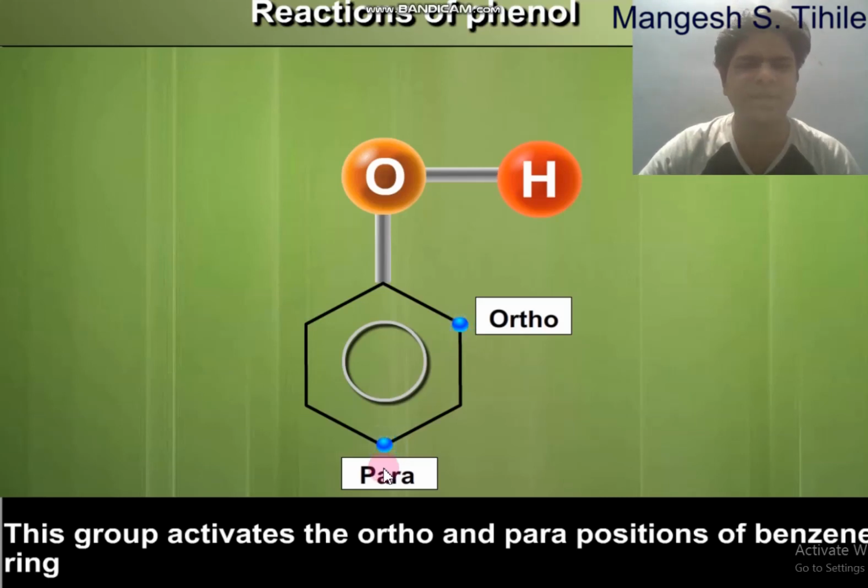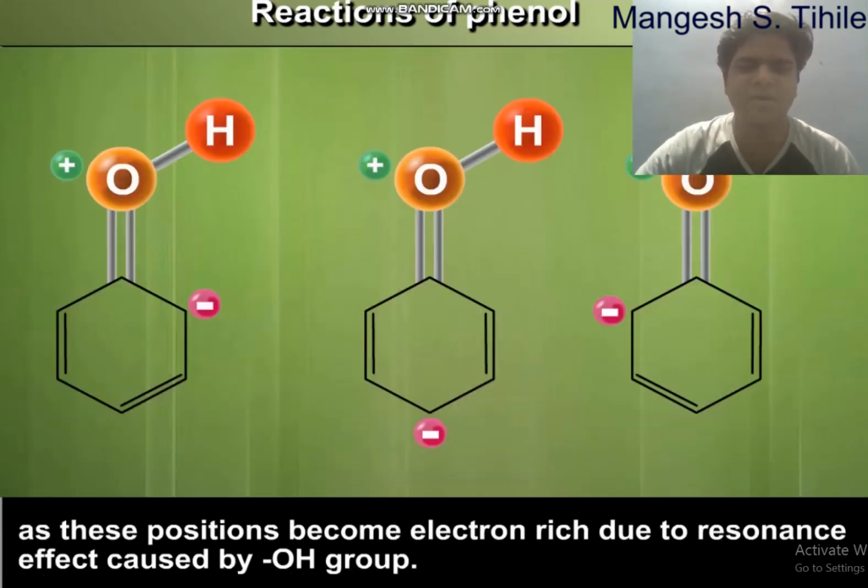Friedel-Crafts alkylation and Friedel-Crafts acylation reactions do not occur on the benzene ring of phenol, because the AlCl3 reacts with the hydroxy group present on the benzene ring, so the respective products will not form. Then we'll proceed to the next topic.